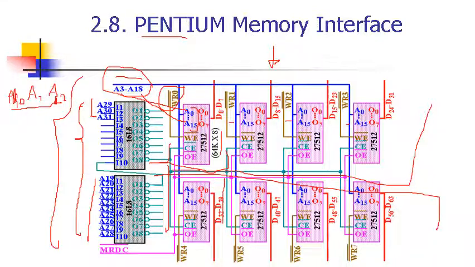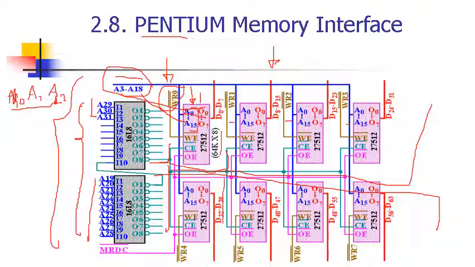And if your write 0 strobe is the only signal which is low compared to the other write strobes, so your WR0 is low, you're trying to write data 8 bits at a time to this 0 bank.